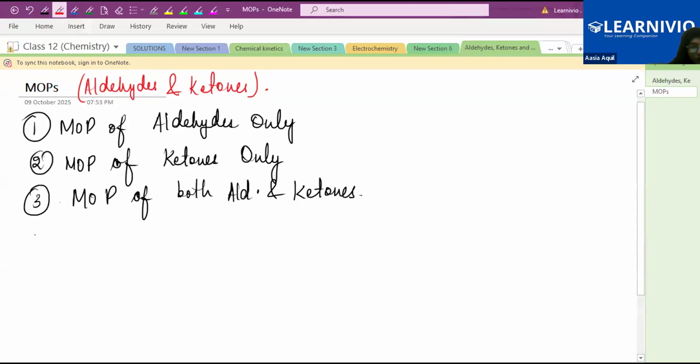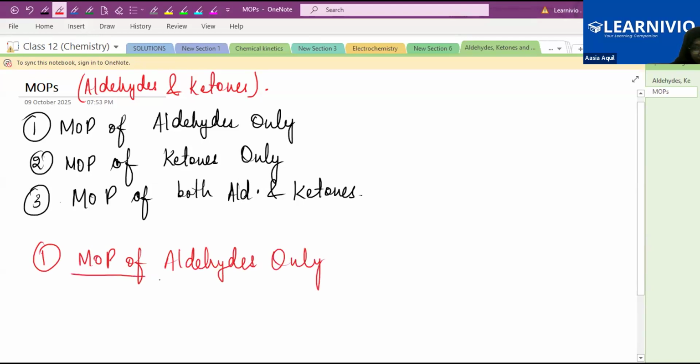Okay, now first one. Write down the heading: method of preparation of aldehydes only. So these reactions are only for the aldehydes.